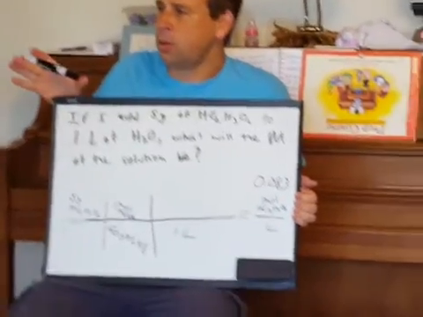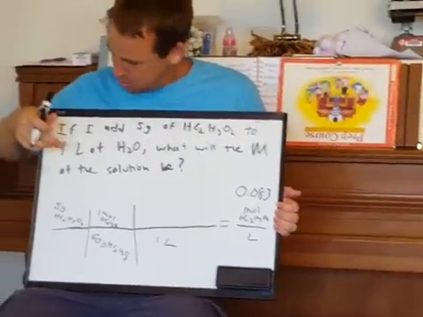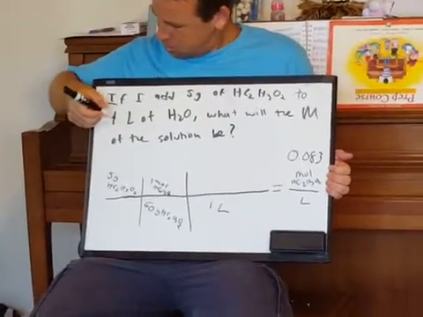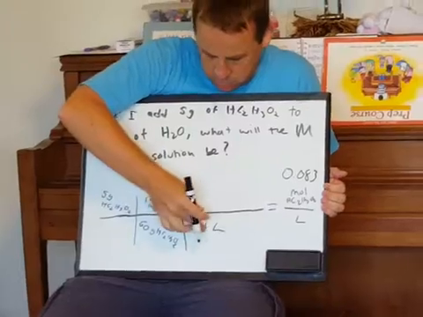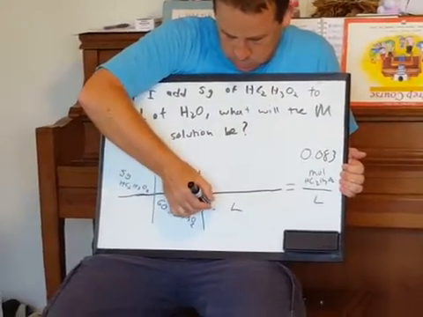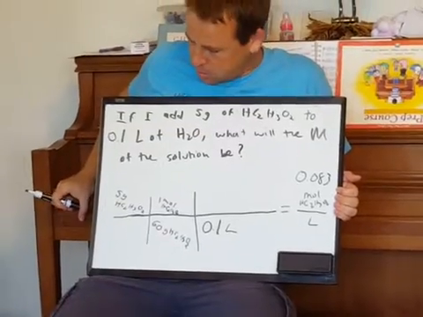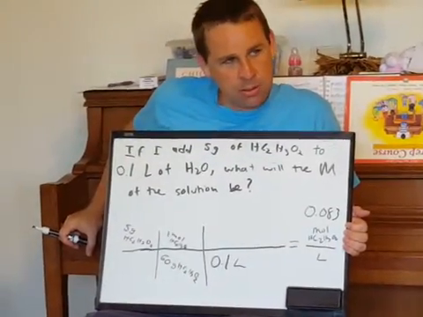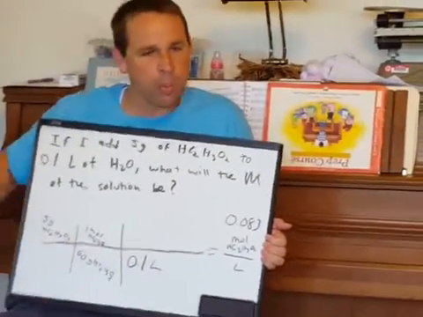Do you remember? Oh, no. I made a mistake here. This is supposed to be not 1 liter, but 0.1 liters. So all you need to do is add a 0 in front of it, behind the decimal. That's right. So now we do 5 divided by 60 divided by 0.1.